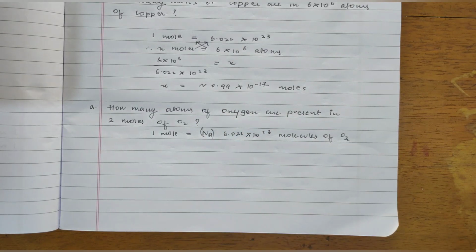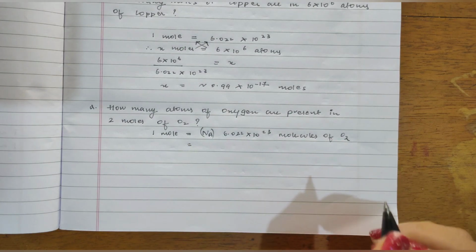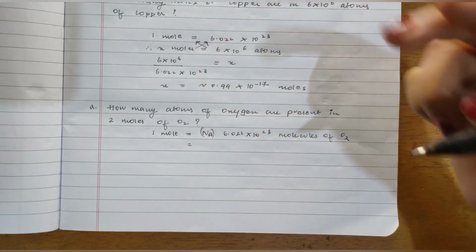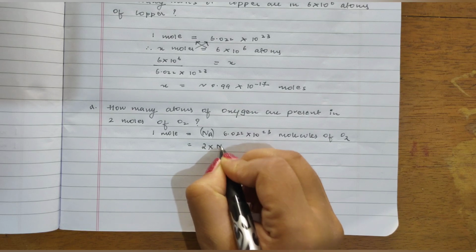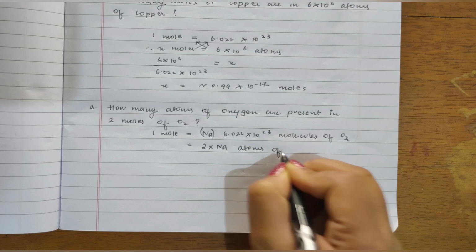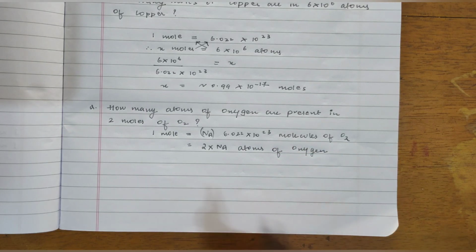NA is nothing but 6.022 into 10 to the power 23 molecules. Now if these are the number of molecules in O2, O2 as a molecule contains 2 atoms of oxygen. That means it will be 2 into NA atoms of oxygen.